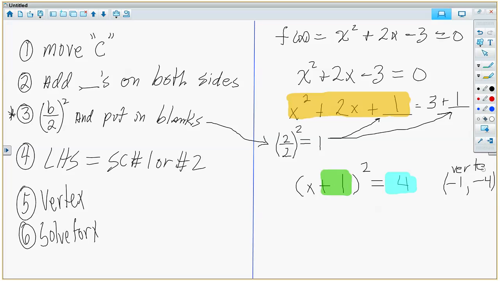You've got to remember that, because in a minute I'm going to show you another way of writing it and you're going to get confused. So write in your own language, your own handwriting, how to get that vertex. Take the opposite of both numbers. That would probably be the easiest thing to put down to get the vertex.